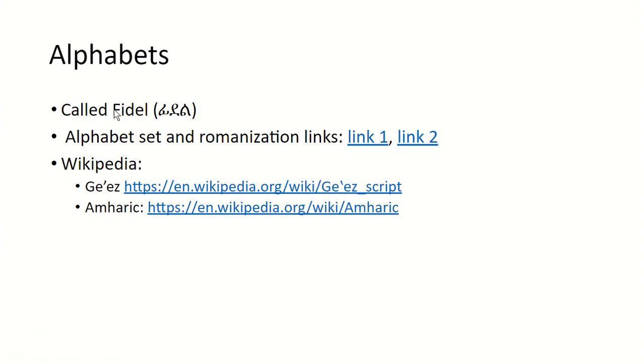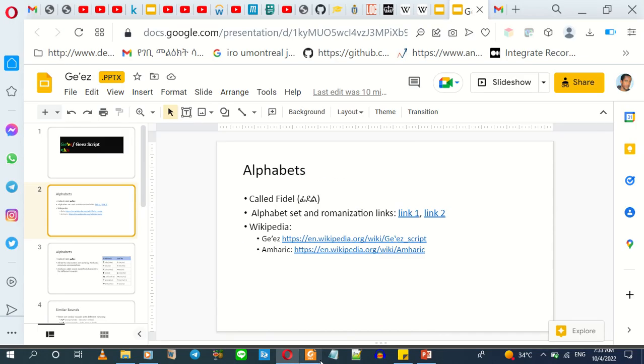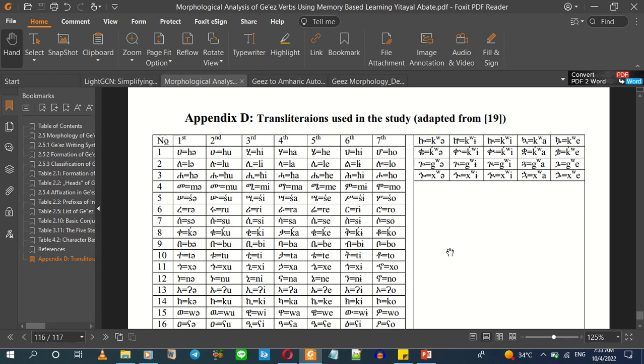The set of alphabets for this language is called Fidel, and we can see the set of alphabets in literature like this one, on the morphological analysis of Ge'ez by this author.